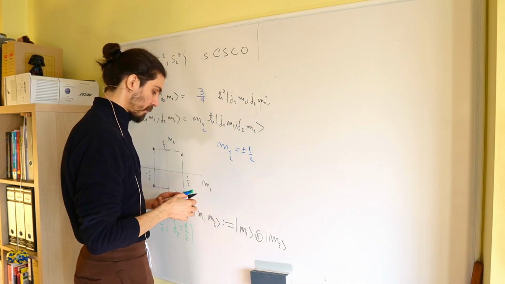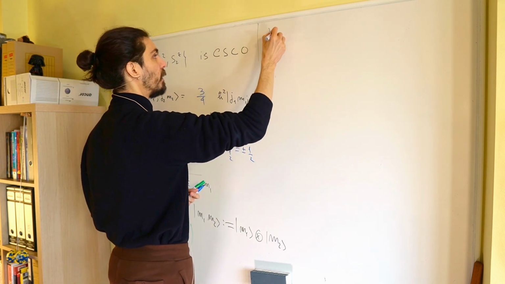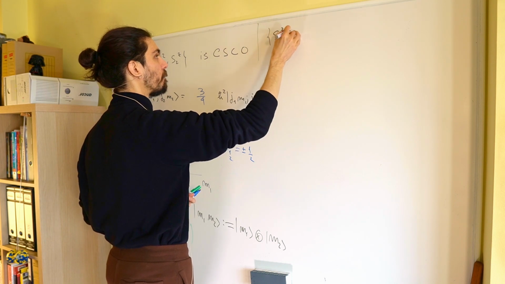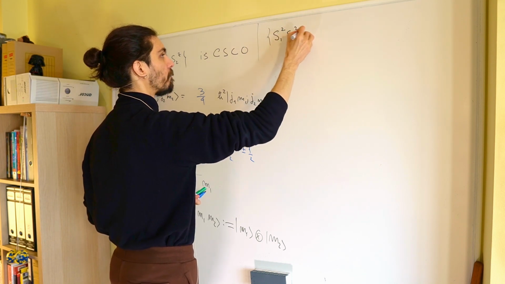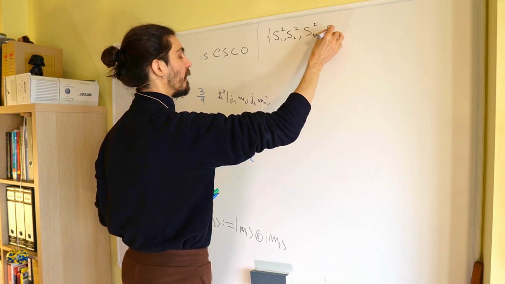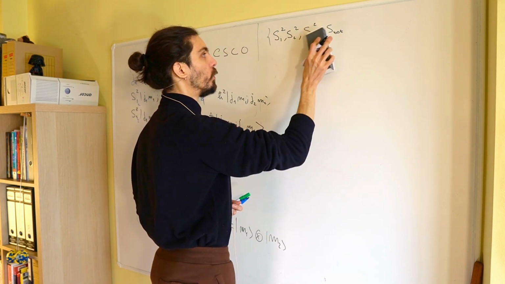And that new set is going to be like this. It's going to be S1 squared, S2 squared, S total squared, and S total. Instead of total, let me write 1, 2.